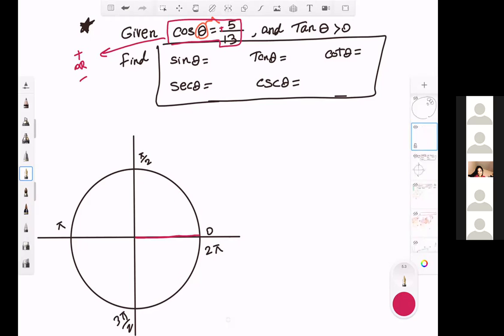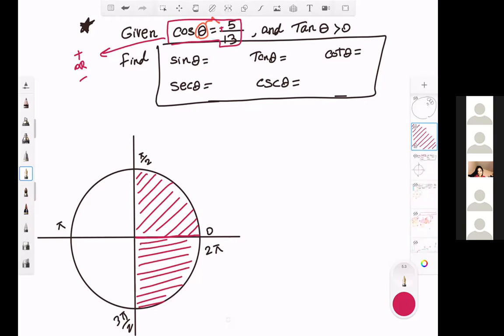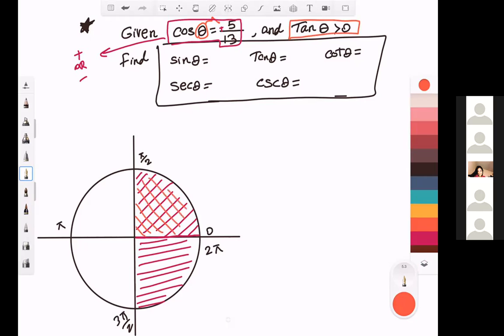Any theta you pick on quadrant 1, cosine of that is positive, and any value you pick on quadrant 4, cosine is positive. And then they said tangent is positive. Tangent is positive on quadrant 1 and on quadrant 3.